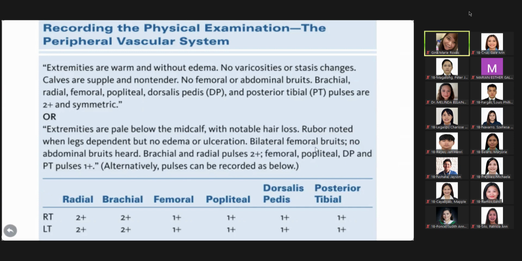Bilateral femoral bruits mean the occlusion is in that part, but no abdominal bruit is heard. You also have to auscultate the iliac artery. Brachial and radial pulses are 2 plus, while femoral, popliteal, dorsalis pedis, and posterior tibial pulses are 1 plus.